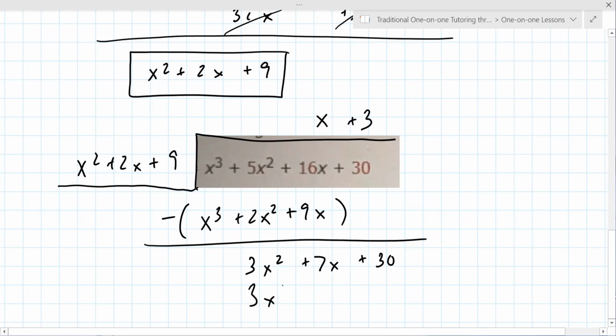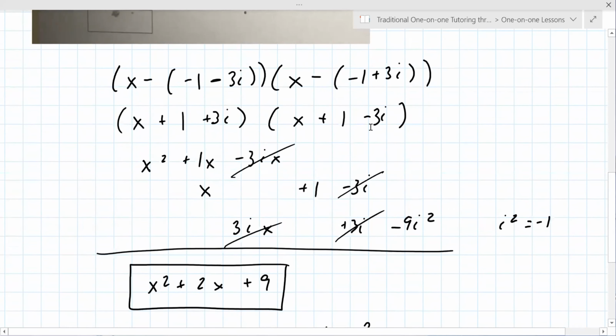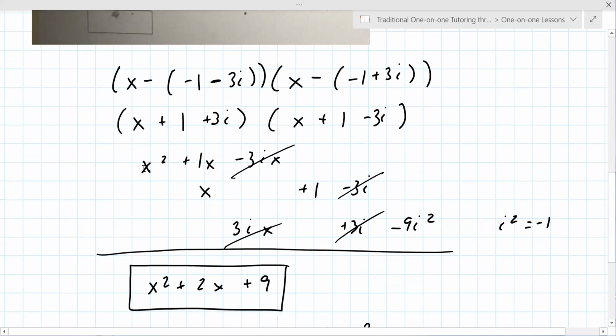So you get 3x squared plus 6x plus 27. Why isn't this working? Did I make a mistake up here? I must have. x squared plus x minus 3ix, x plus 1 minus 3i, plus 3ix plus 3i minus 9i squared.